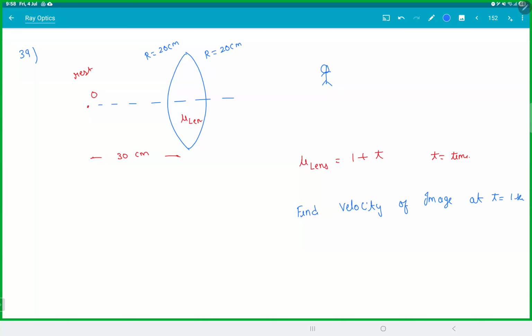Now what will you do? Try. Find the velocity of the image at t equal to 1 second.